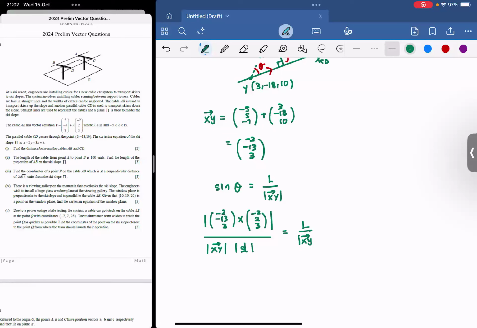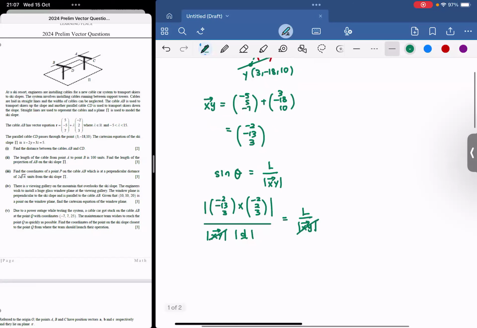So when we simplify this whole thing, you can see that the length is just equal to the cross product of this over the length of the direction vector, which is square root of 2 squared plus 2 squared plus 3 squared.